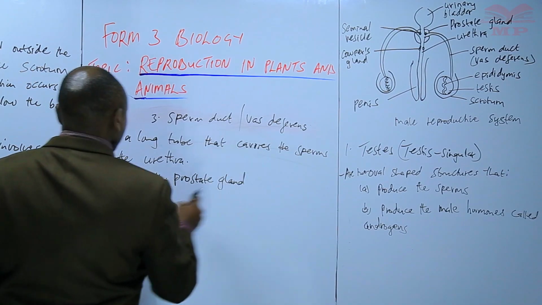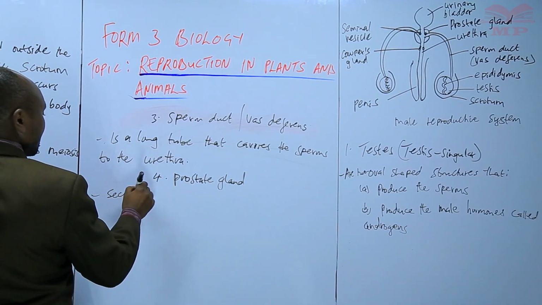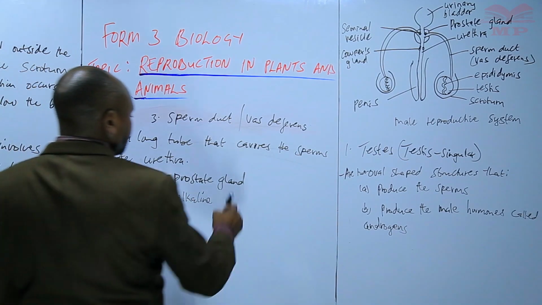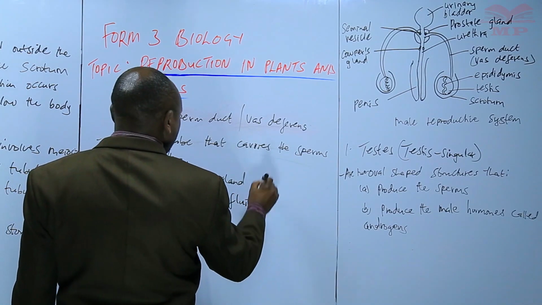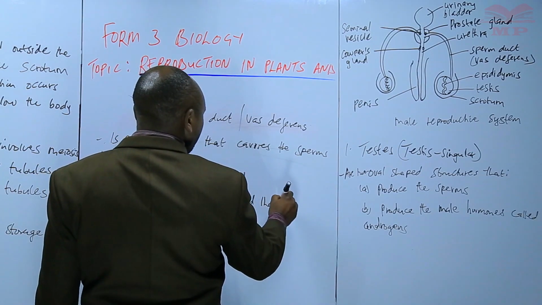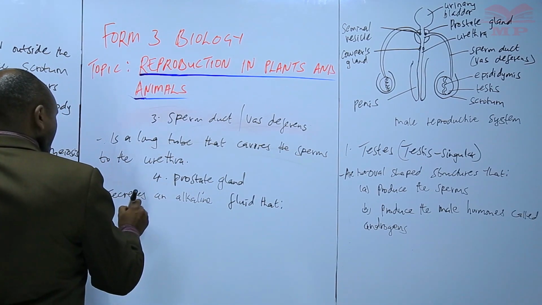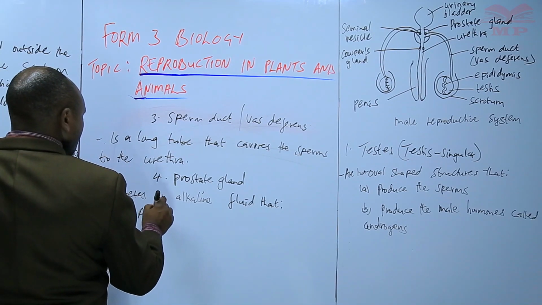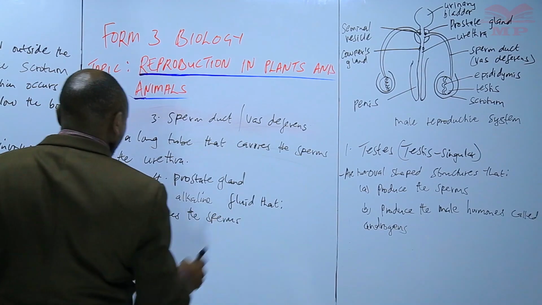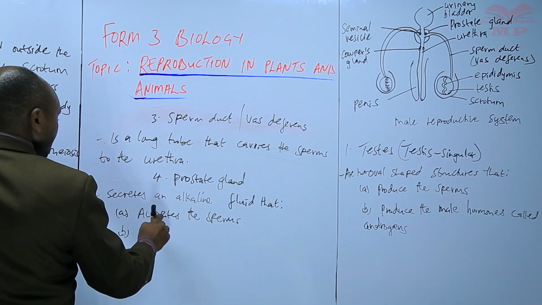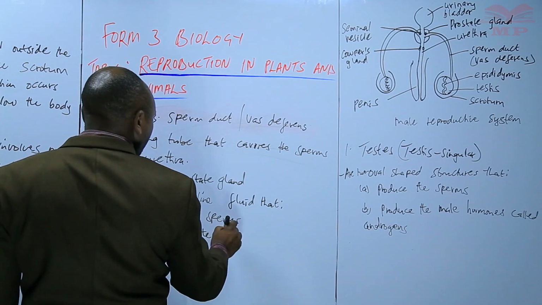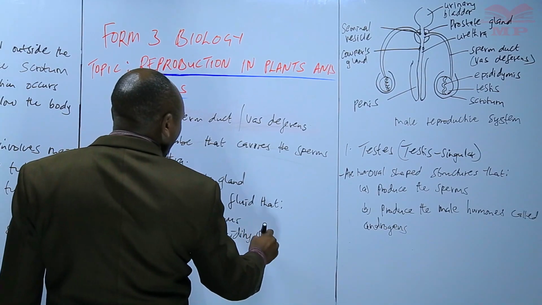This one produces an alkaline fluid that activates the sperms and neutralizes the acidity of the urethra.